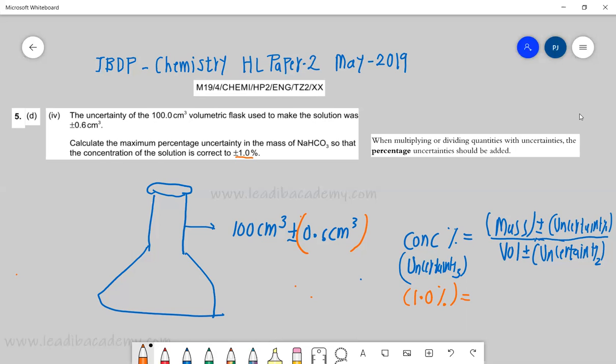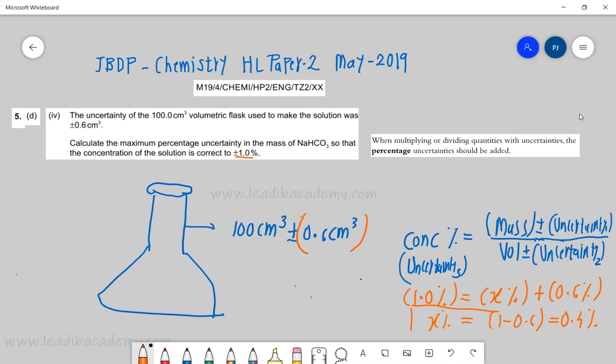And for mass, assume that it is X percentage, and volume already is given as 0.6%. So how much will be X? Simple. X will be 1 minus 0.6, that is 0.4%.